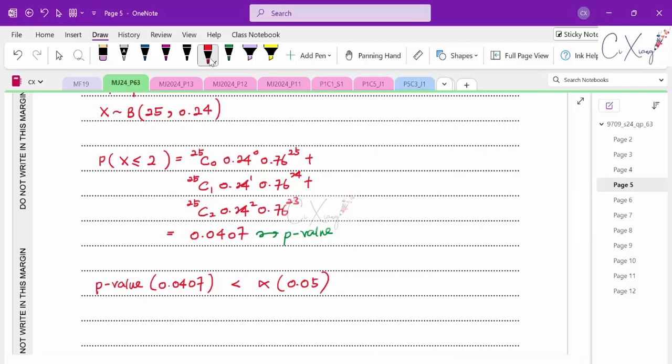The probability borderline still falls under the rejection region because alpha here is the borderline, the reference area for us to decide whether it is the rejection or acceptance region. So if the area for the p-value is smaller than this, that means the whole area falls under the rejection region, right? Okay, therefore we are going to reject the null hypothesis.